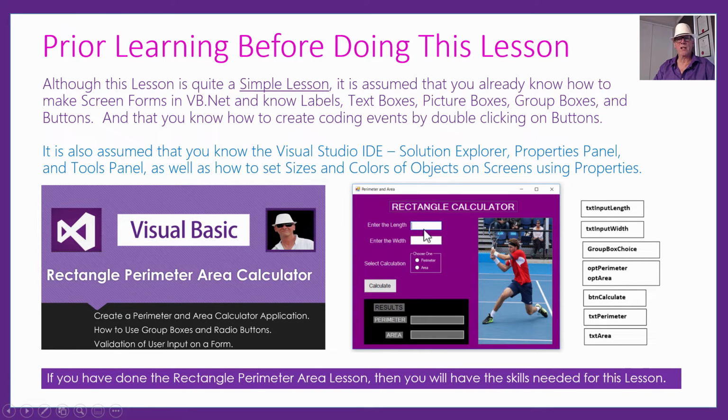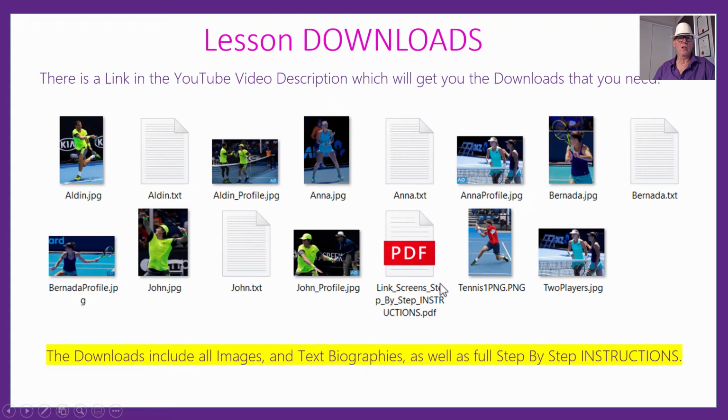Do that lesson because it's going to show you how to make text boxes, labels, group boxes, buttons and how to do basic programming in VB.NET. So you need some sort of background in VB.NET. It's not a complete beginner's lesson, but if you did that one and understood it, then you could come ahead and do this one about linking screens.